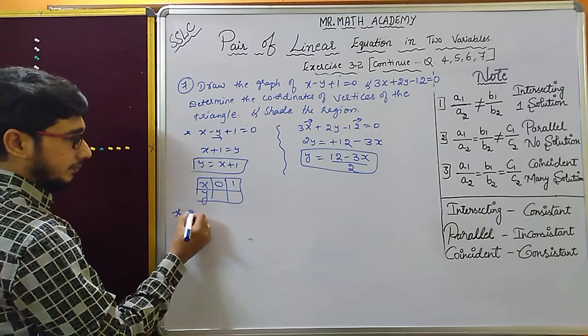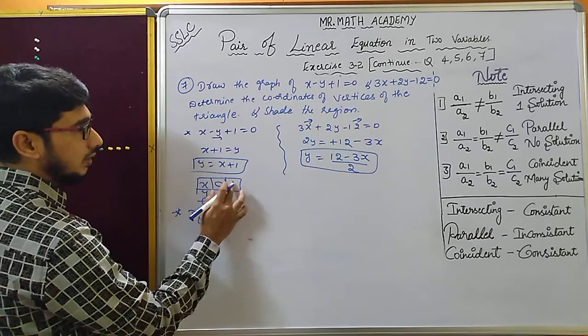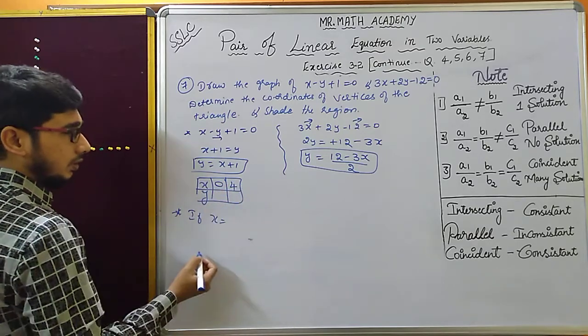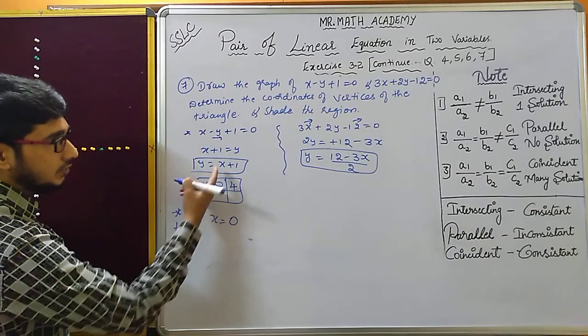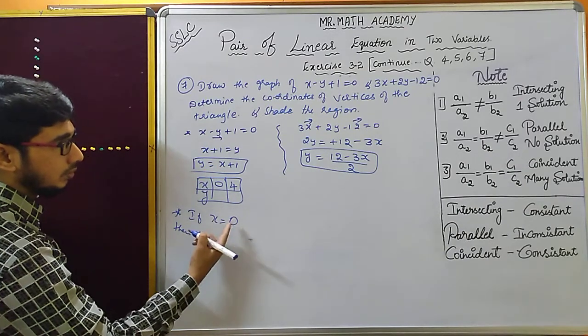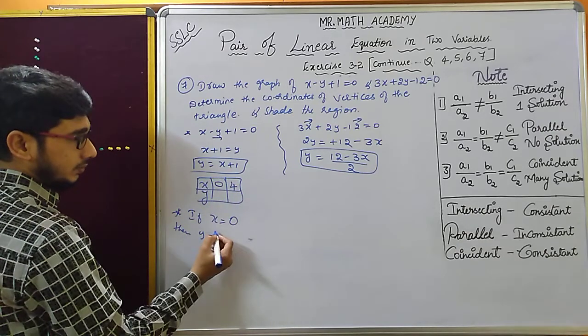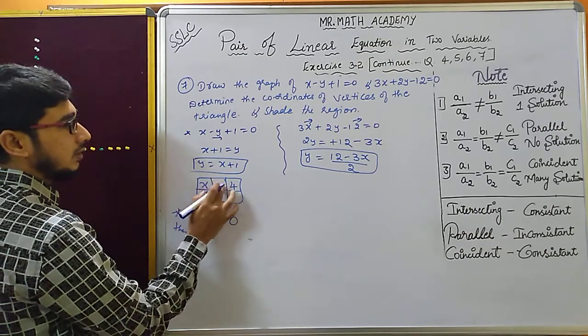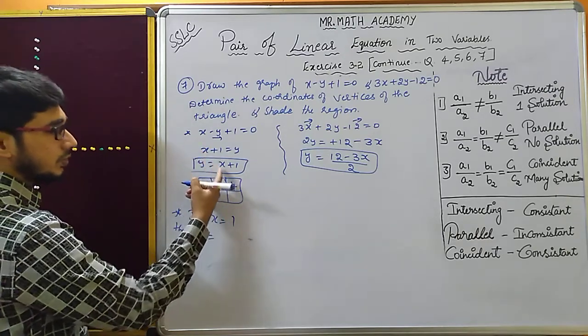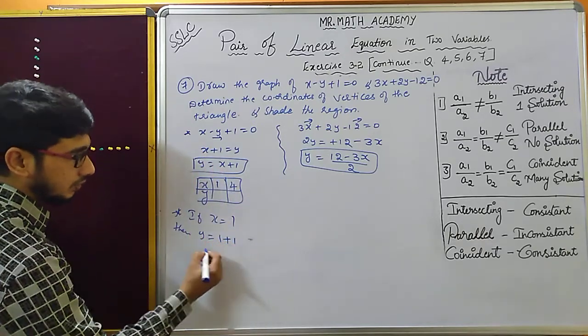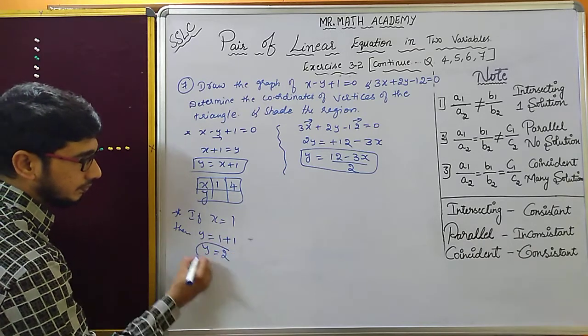So if x is equal to 0, then what will happen? In this equation y is equal to 0 plus 1. I don't want 0 for that, I'll take 1 at least. So it will become 1 plus 1, so y is equal to 2.